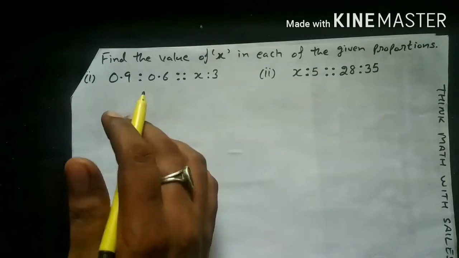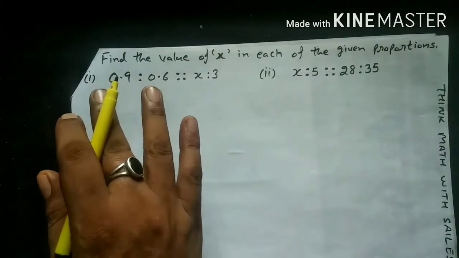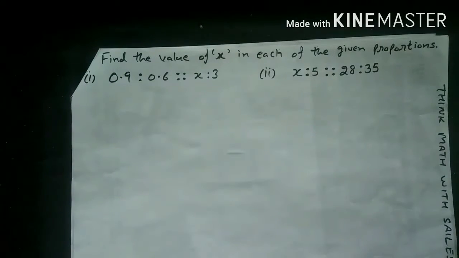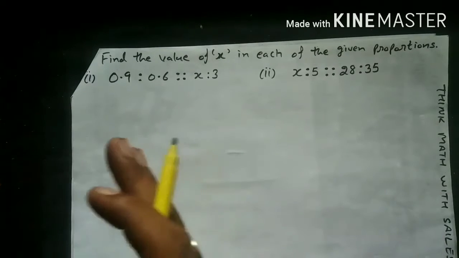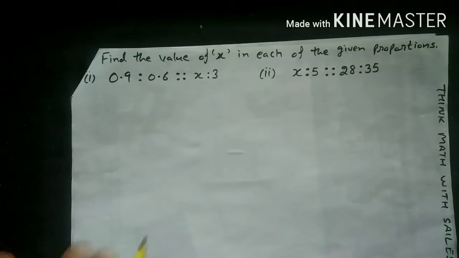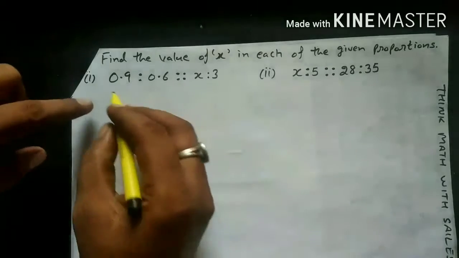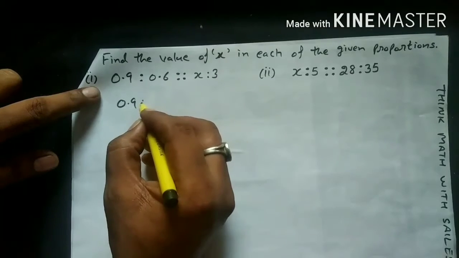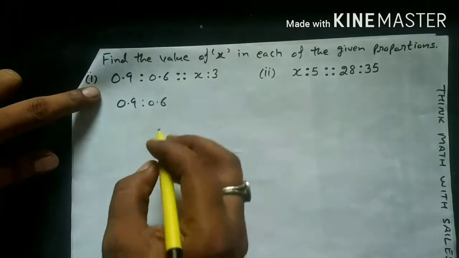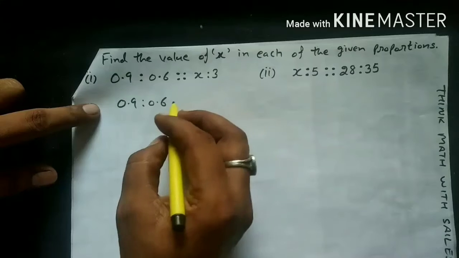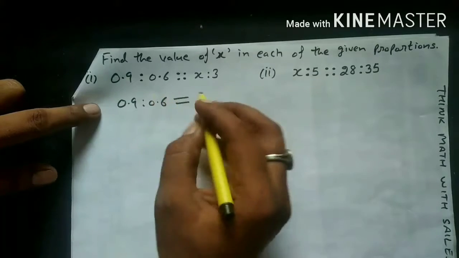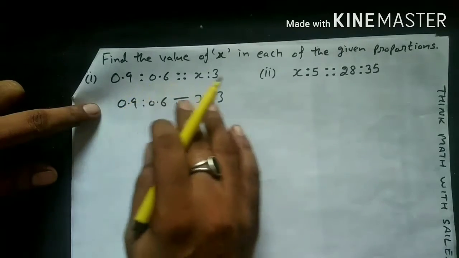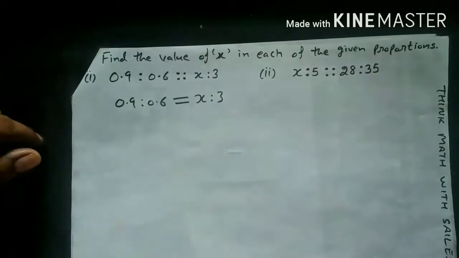Here, we know if a proportion is given, then we will equate the first ratio and the second ratio. The first ratio is 0.9 ratio 0.6, and this is equal to the second ratio, x ratio 3. The first ratio is equal to the second ratio in case of a proportion.